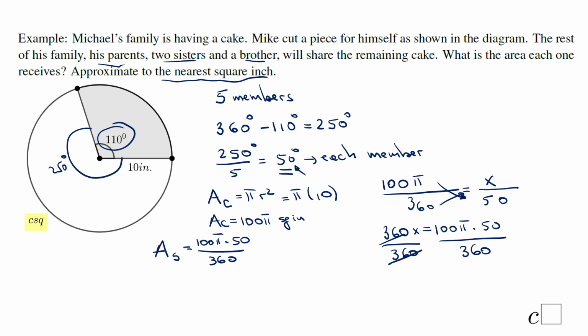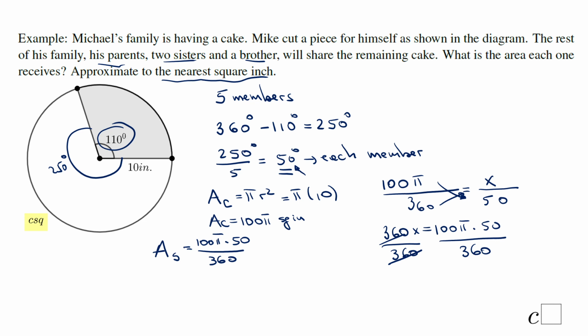Of course, you can do some simplification. I'm going to do 100 times pi times 50. I would suggest you click enter and then divide by 360.